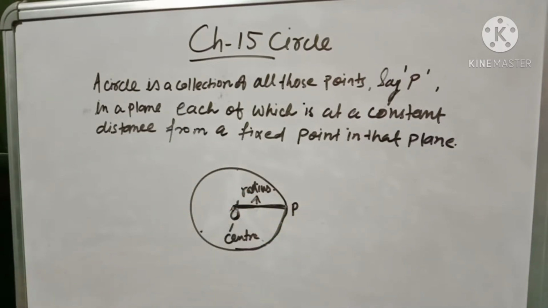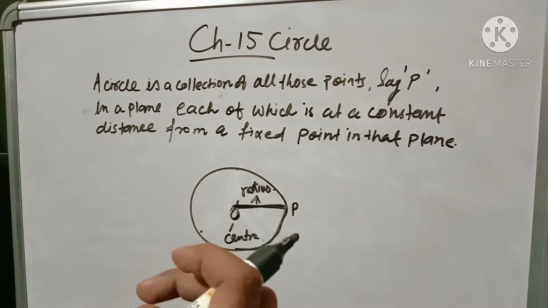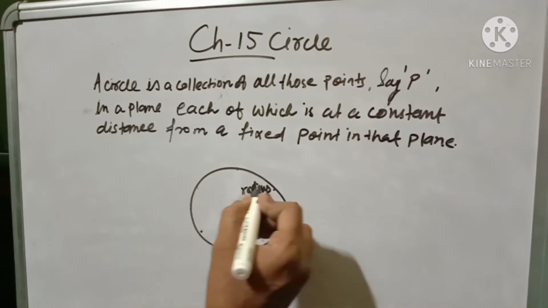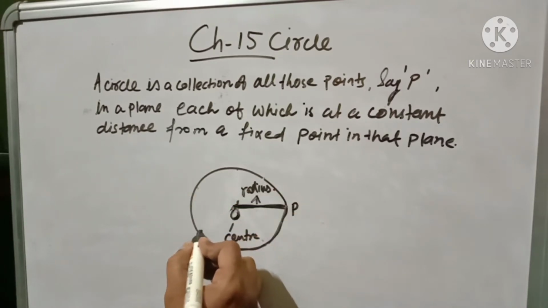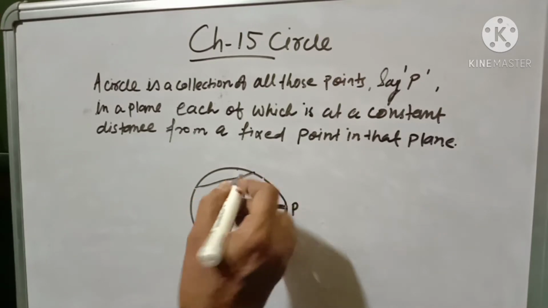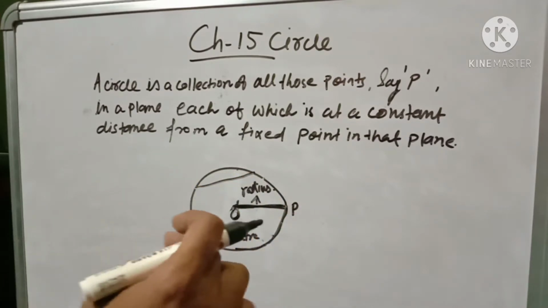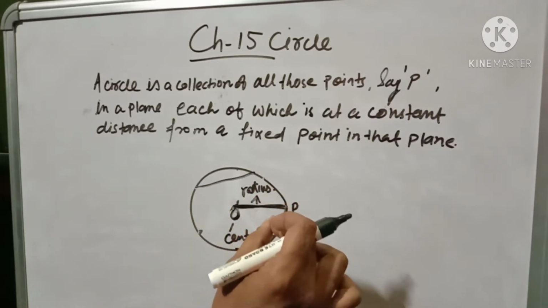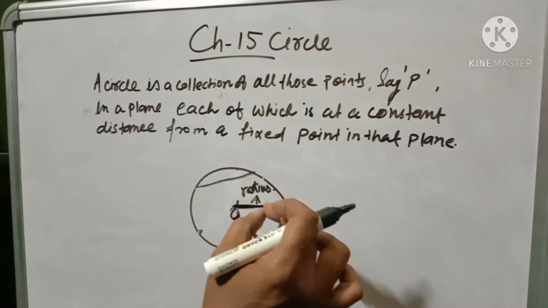The line segment joining any two points of a circle is called a chord of the circle.